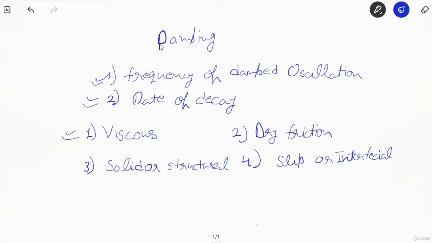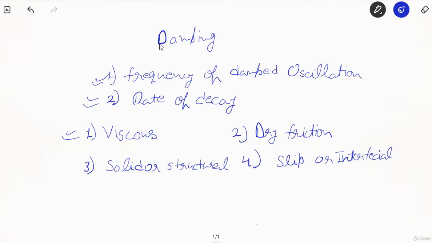Viscous damping is the most suitable kind that we regularly use. The theoretical importance given to it is because analysis of a system with viscous damping is quite easier compared to the other three, and in general derivation we get a linear differential equation for this kind of damping, right?